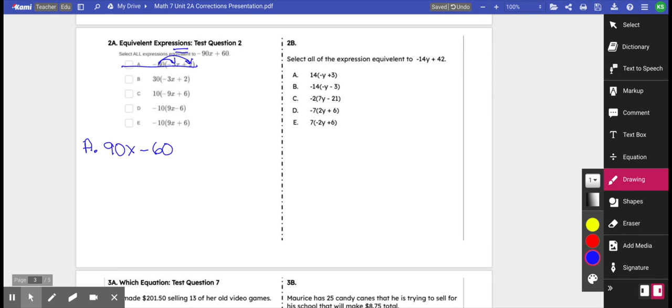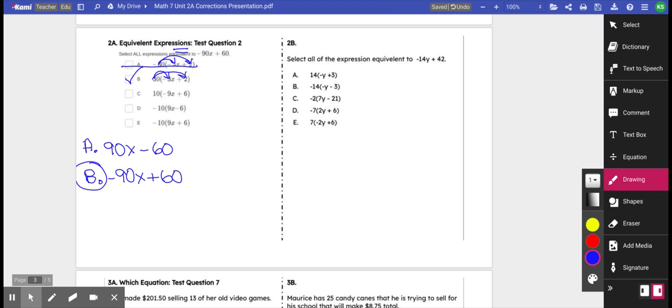Okay, so then we look at B. Same thing. All of these problems we have to distribute first. So 30 times negative 3x is negative 90x. 30 times positive 2 is positive 60. Okay, they are the same, so we know B is one of our answers.